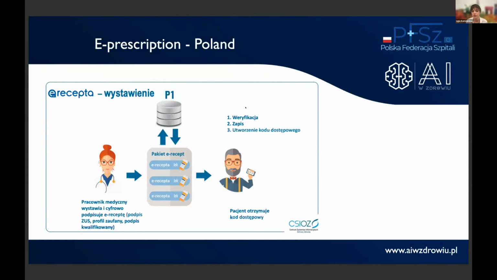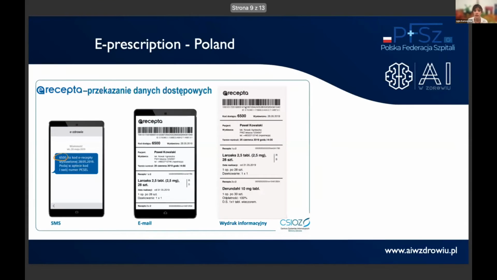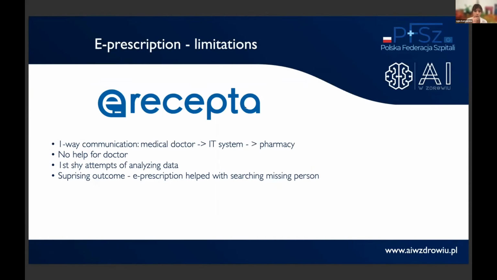Then the patient receives the e-prescription, and it can be received in 3 forms: on your mobile phone, via email, or if we are dealing with, for example, elderly patients, they can have it just printed on paper. And it works really great, even though it's a new system, because it works only for 2 years now.